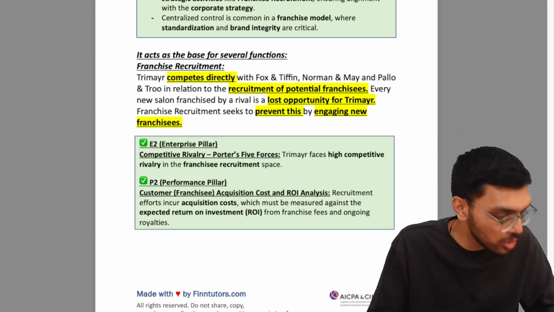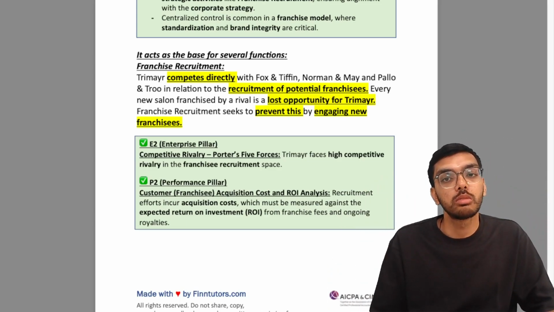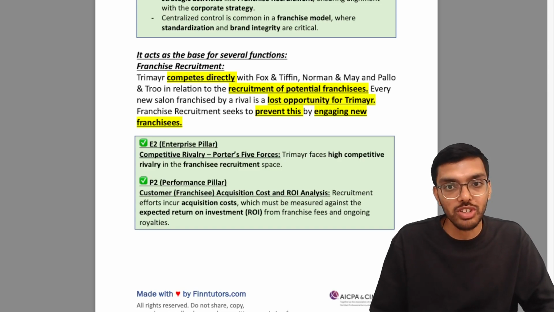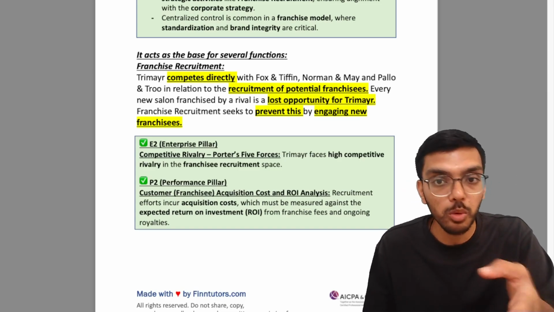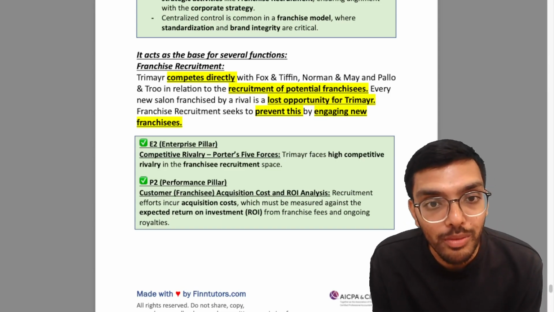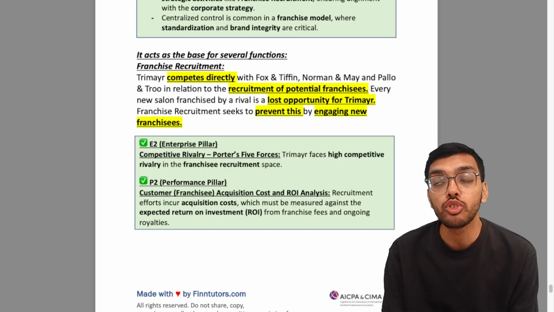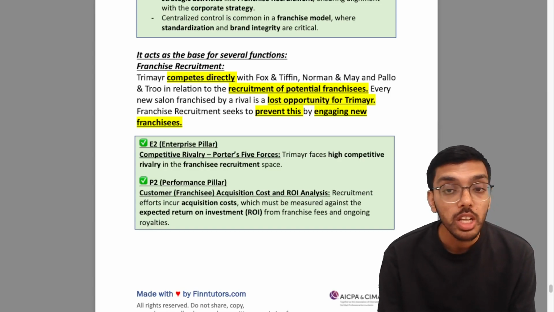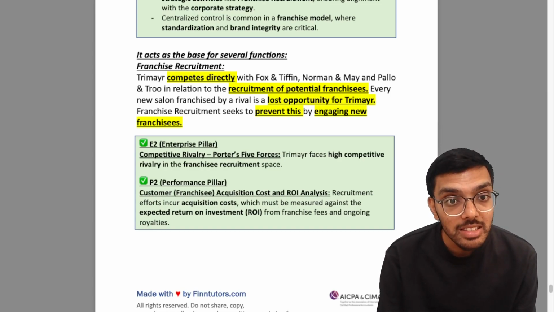So naturally, when you are looking to acquire a franchise, there is direct competition with these other 3 players. Every new salon franchised by a rival is a lost opportunity for you. Competition is going to be intense.